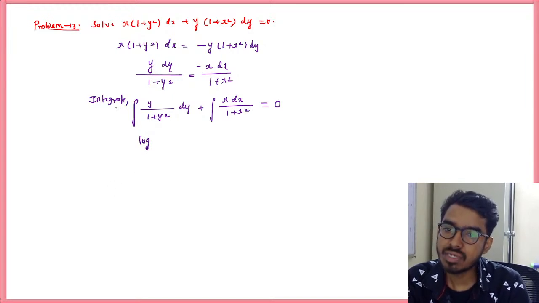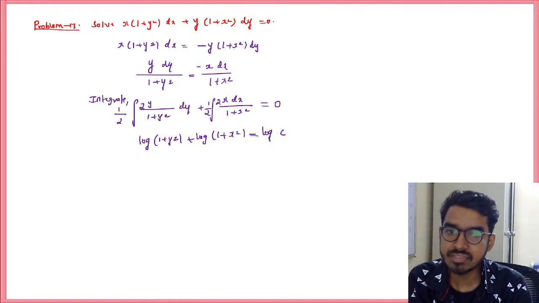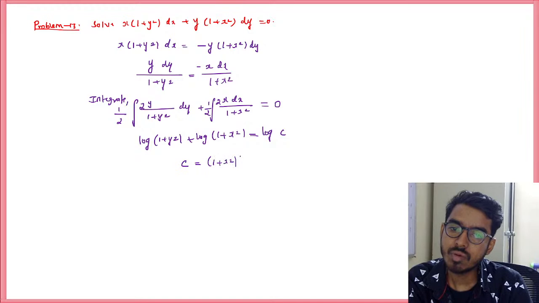So what we will do is, we will multiply and divide by 2, and here also we will multiply and divide by 1 by 2. This will be log 1 plus y square, log 1 plus x square. Let's add some integration constant log c, right? So log a plus log b will be log ab. So the c will be 1 plus x square, 1 plus y square is the required solution.